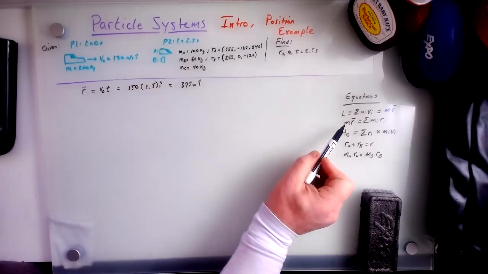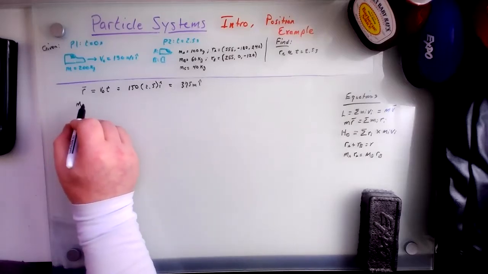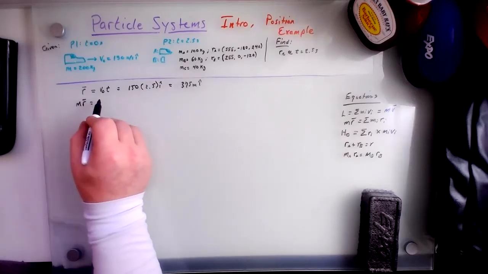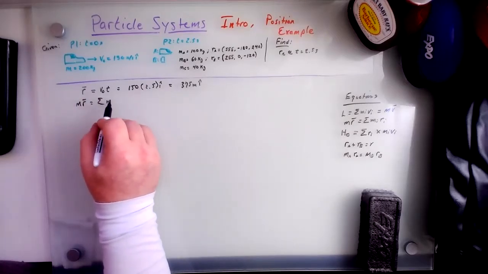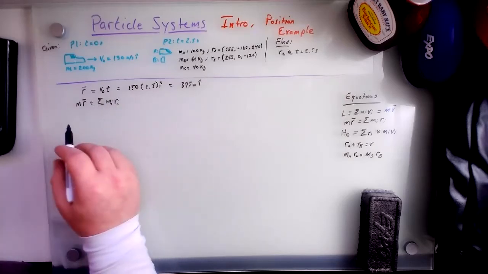Now we can use the same equation: M R bar is equal to the sum of M_i R_i.